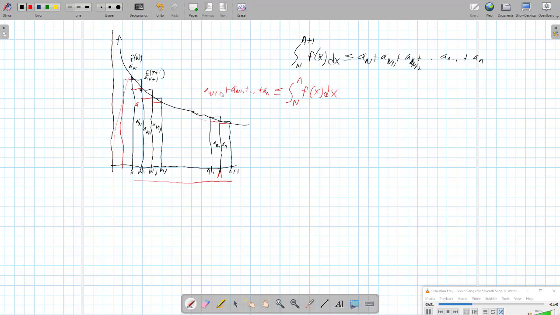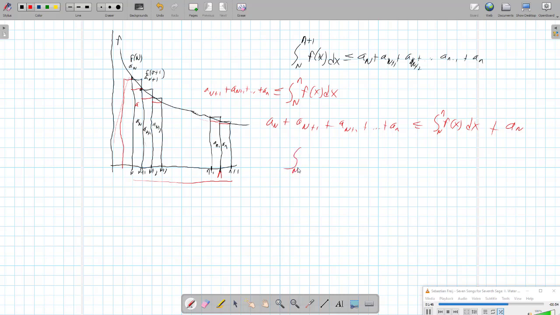And just so we have the same sum in the middle, you can add that a sub capital N to both sides. So a sub capital N plus a sub capital N plus 1, plus a sub capital N plus 2, plus dot dot dot, plus a sub little n is less than or equal to the integral from capital N to little n of f of x dx plus a sub capital N. And now you have both an upper bound and a lower bound.